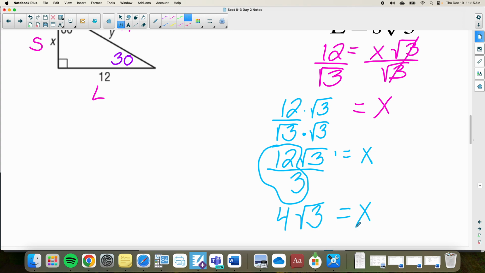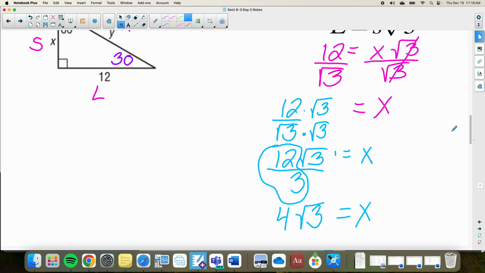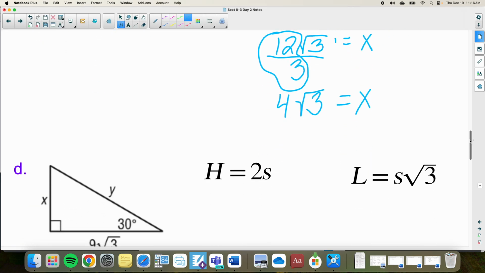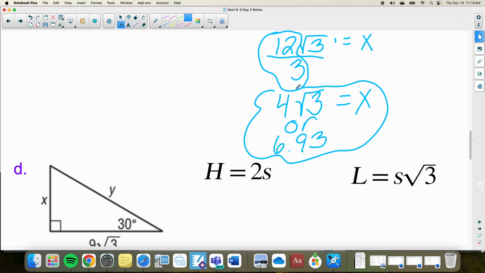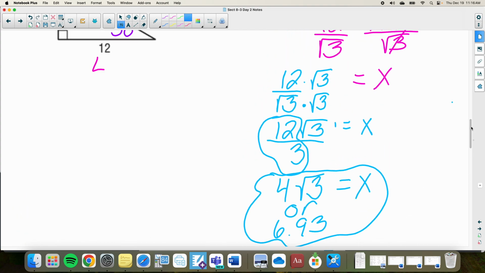But if I do 12 divided by √3, did you guys get 6.92 or 6.93? So this would be 6.93. Okay. Now that is one of my answers.